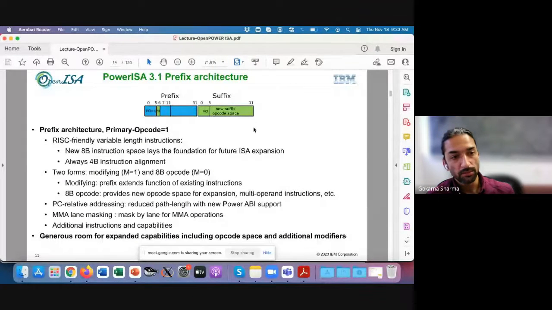If you have the specific architecture, then it supports that feature too. So this prefix architecture gives generous room for expanded capabilities, including opcode space and additional modifiers, so that you can make this architecture more useful for different contexts.